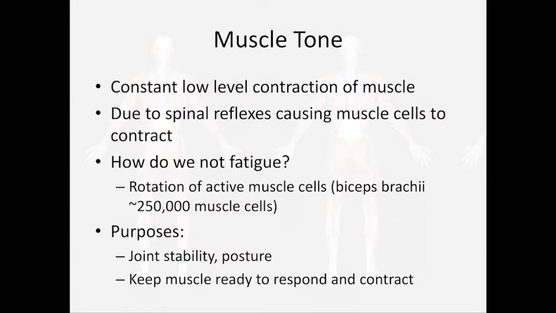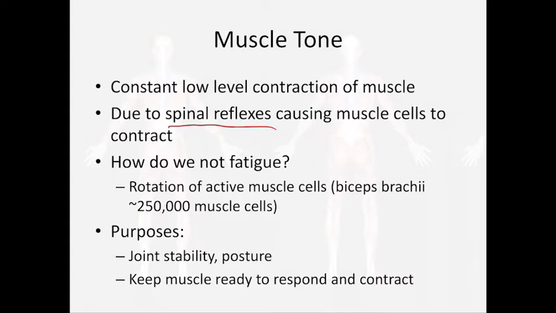You don't have to think about that, and you're not even really thinking about contracting your muscle, but your muscles are just at a constant low level of contraction to keep you upright. The interesting part about this is it's all controlled by spinal reflexes, meaning that your brain is not necessary to keep that level of muscle tone that you have just to maintain posture.